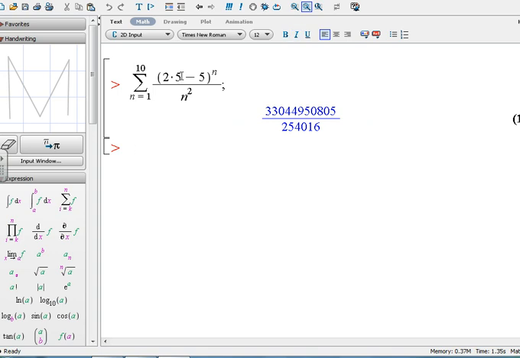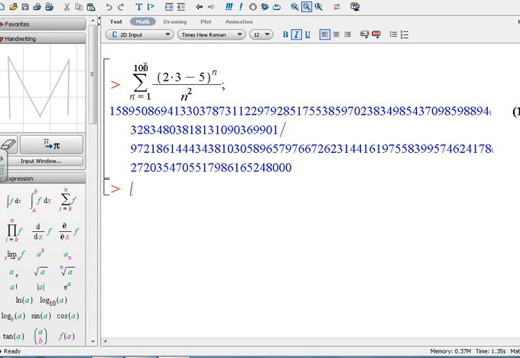No. 5, 3. X be 3. Maybe. Can't tell. Oh, the colon suppresses the answer.